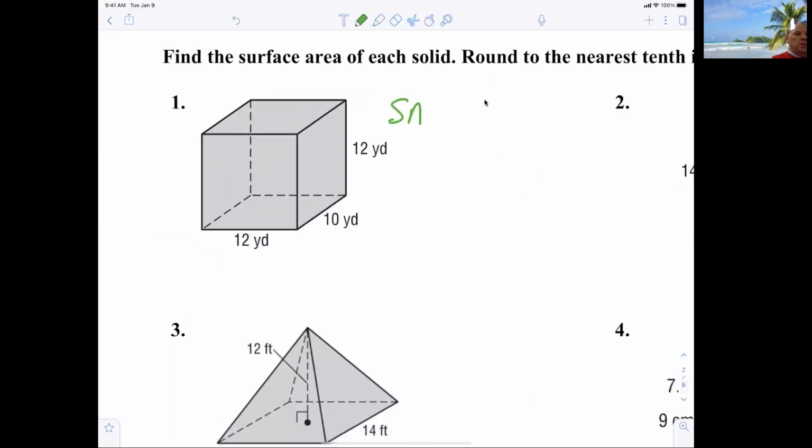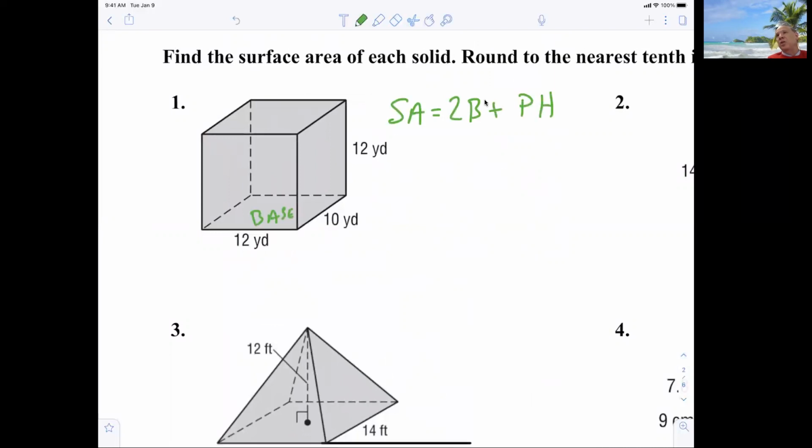Surface area equals 2b plus ph. Now notice the rectangular prism is unique because, is this the base down here? They all could be considered bases, right?